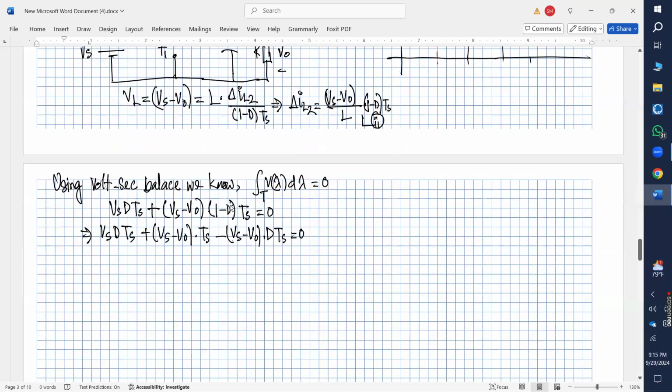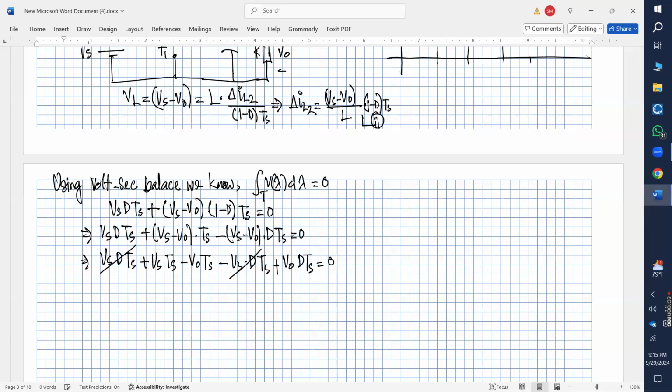If you simplify that, what you get? VS D TS plus VS TS minus V naught TS minus VS DTS plus V naught DTS equals 0.